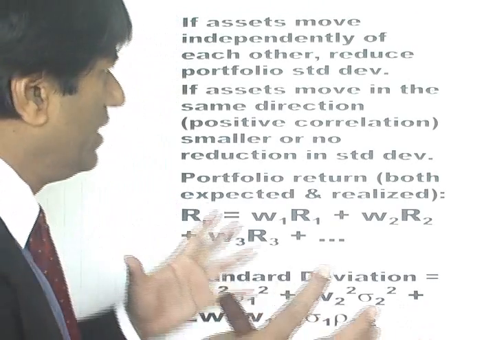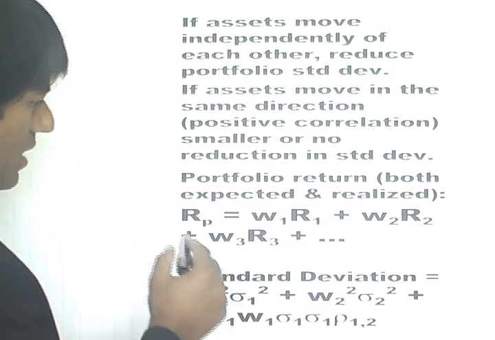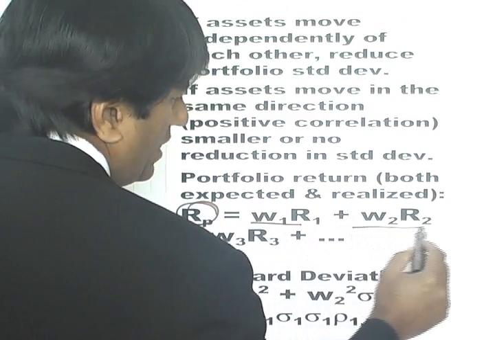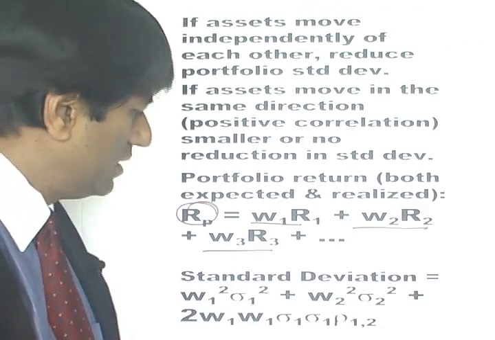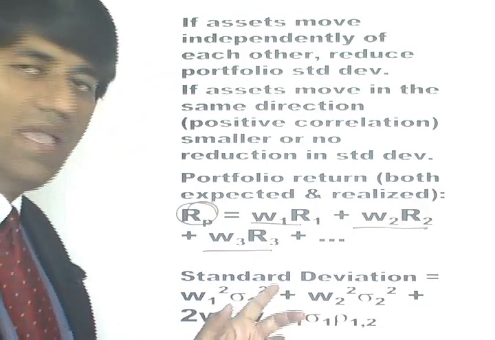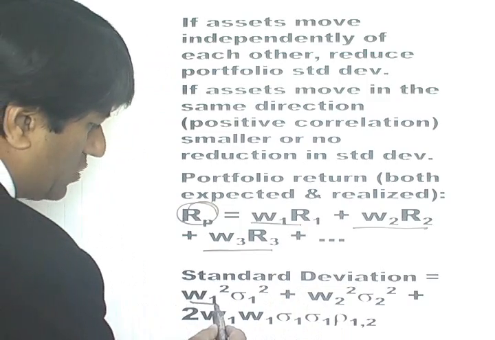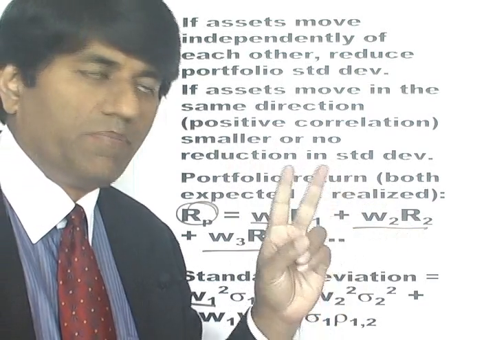So when you combine these different stocks into the portfolio, as I just said, the return to the portfolio is the weighted returns of the individual components, and the standard deviation is the weight of the first component squared. Now this is for a simple case where there are only 2 components in a portfolio.